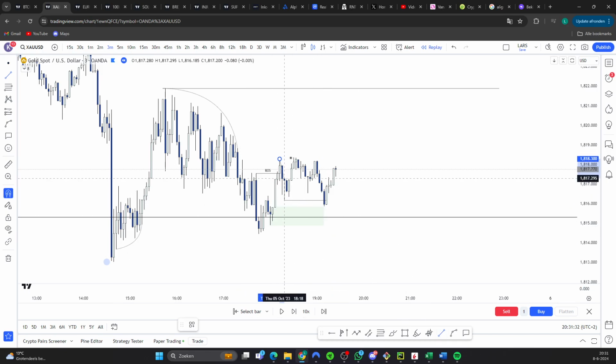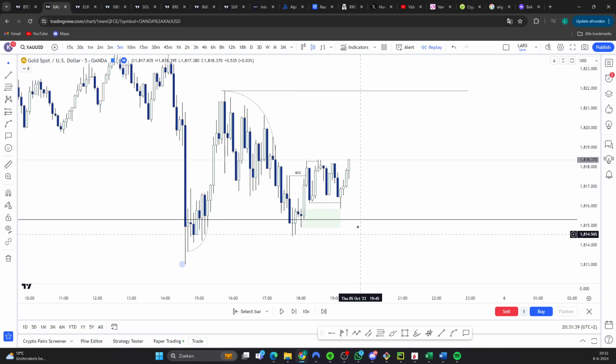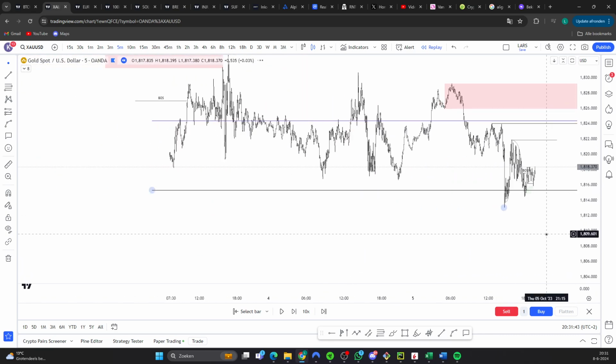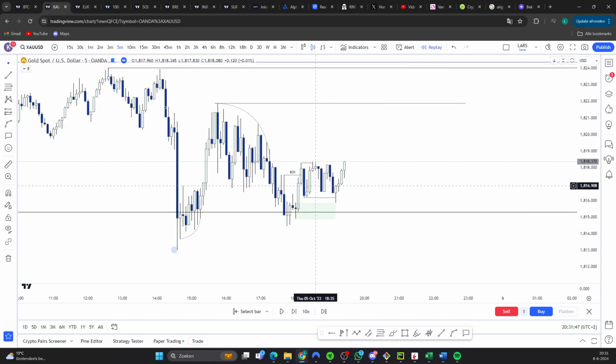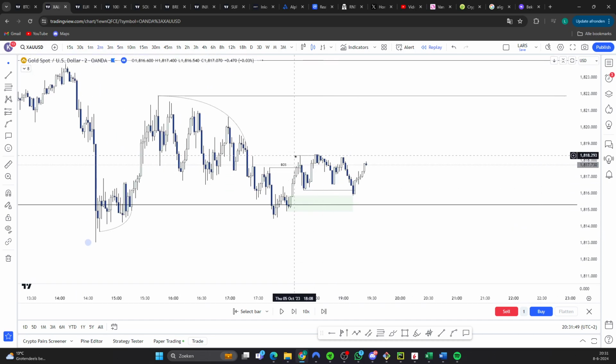Okay, let's see what happens there. I didn't want to risk it. But there was a 5 minute demand zone below you that you could tap into, but I really wasn't feeling the tight price action. But let's see how it did develop and if you did take that high.